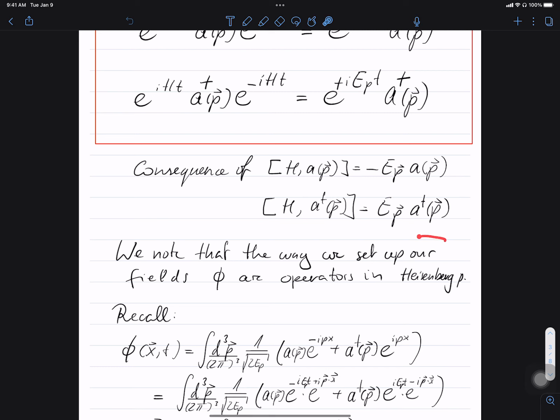The consequence of this is that the commutation relations of H and a just bring down the energy with a negative sign for the annihilation operator and with a positive sign for the creation operator. Remember that this is really analogous to the standard quantum mechanical harmonic oscillator, where we had omega, the frequency, which essentially measures the energy of the oscillator. Here E measures the energy of the mode with momentum p.